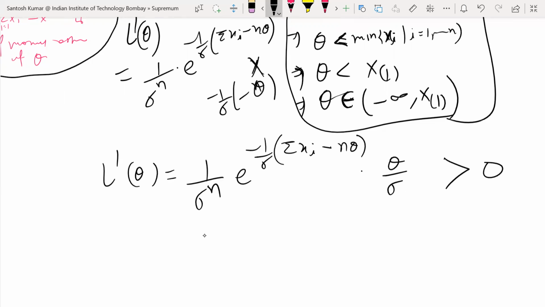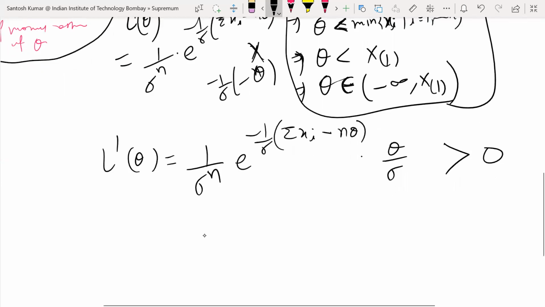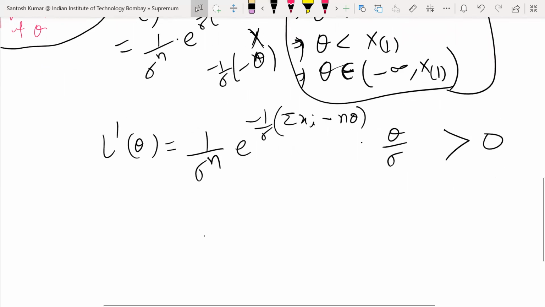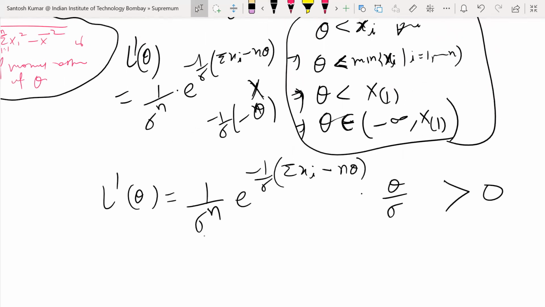Correct? So this is an increasing function for theta. Sigma is a fixed constant, so this is an increasing function.